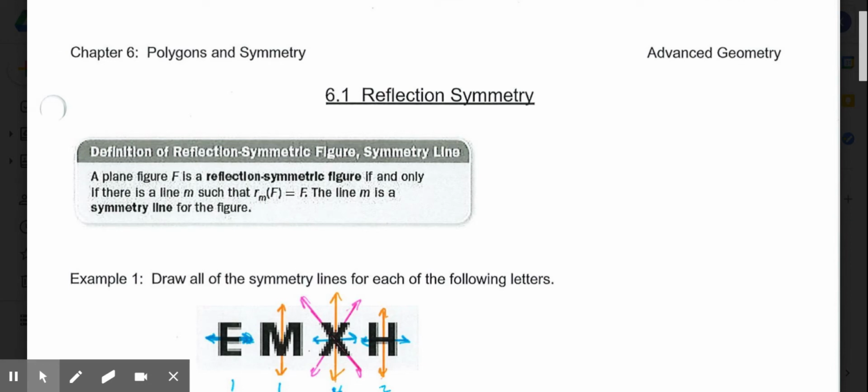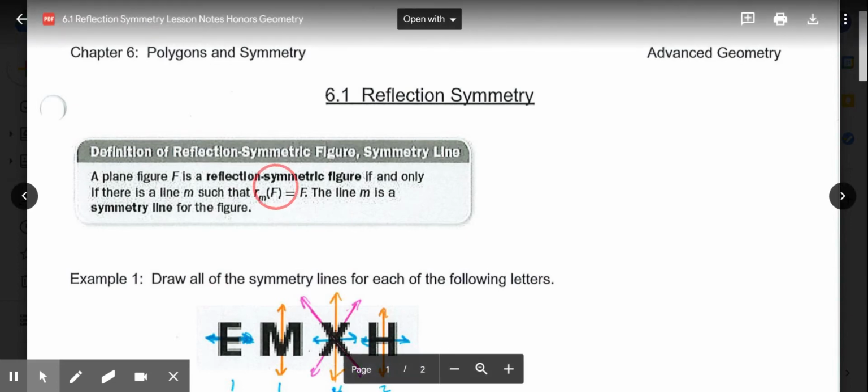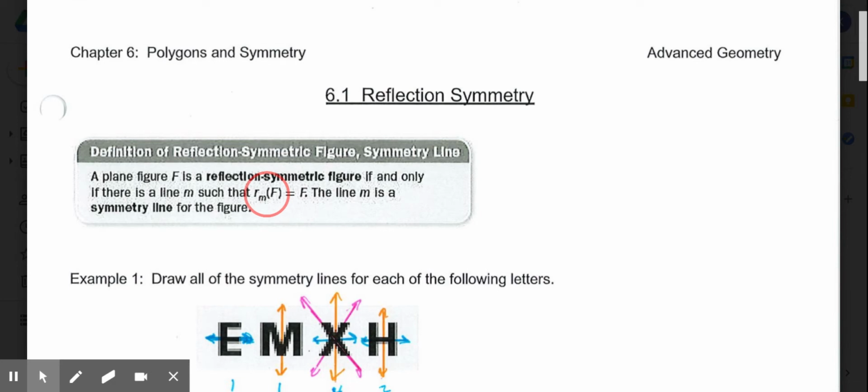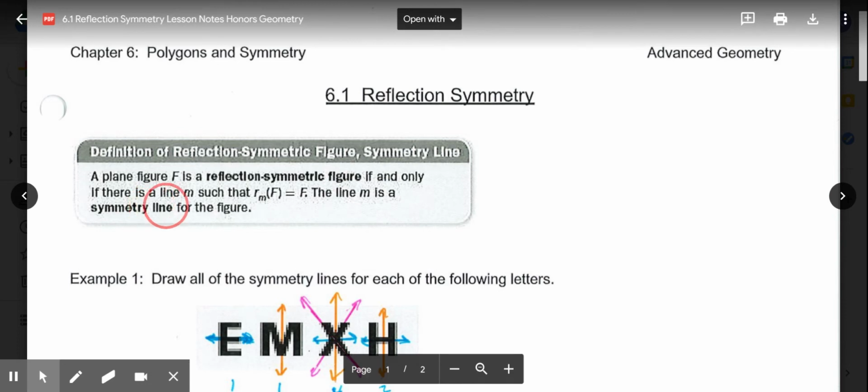What it simply says is a plane figure F is a reflection symmetric figure if and only if there is a line, we'll call it line M, such that F reflected over M still results in the same figure F. In that case, line M is known as a symmetry line for the figure.